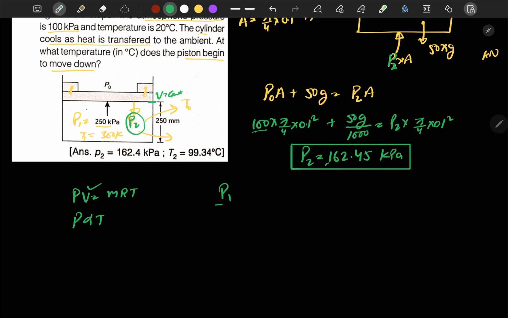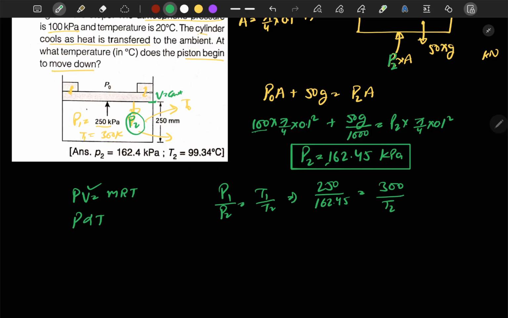So we can write P1 upon P2 is equal to T1 upon T2. From here we can write 250 upon 162.45 is equal to T1, which is given as 300, divided by T2, which we have to calculate.